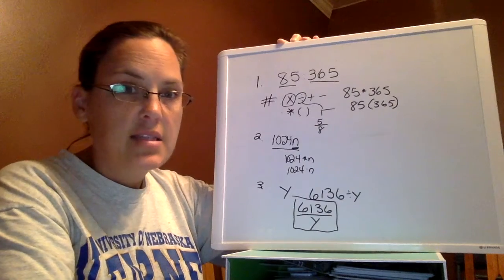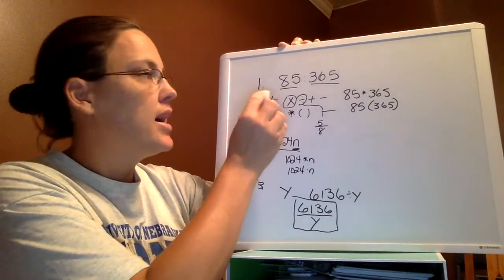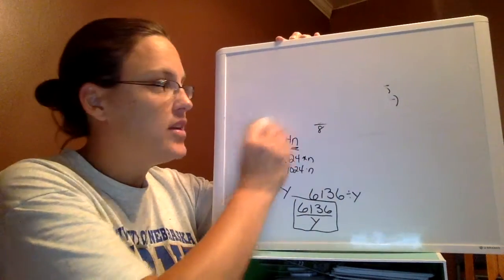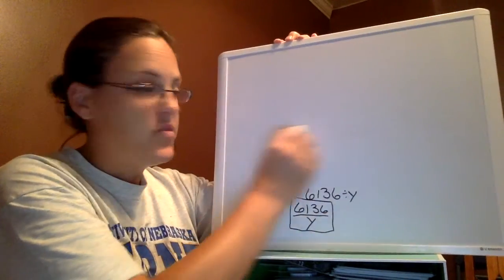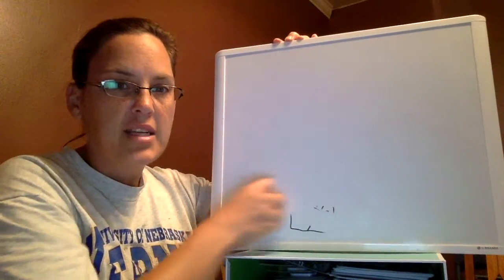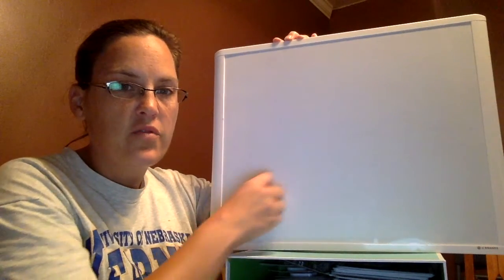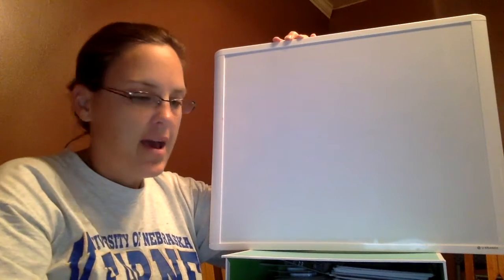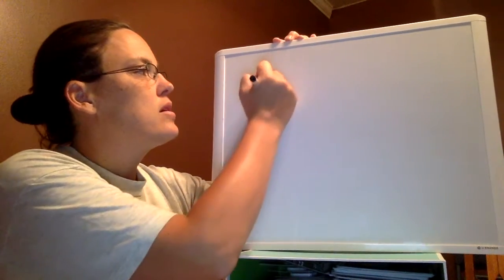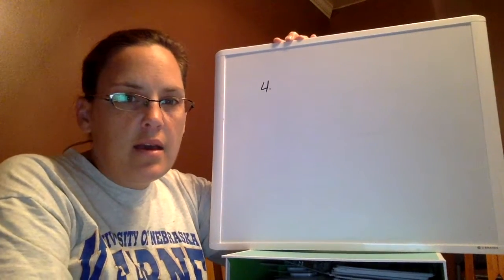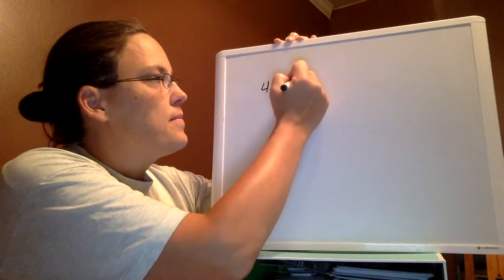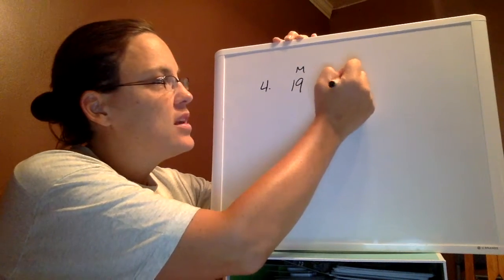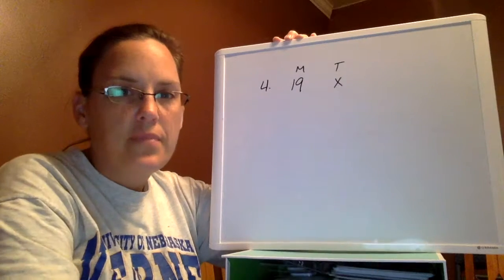So tides. The difference between the high and low tides along the Maine coast in November is 19 feet on Monday and X feet on Tuesday. Write an expression to show the average rise and fall of the tide for Monday and Tuesday. So we have 19 feet on Monday, and X feet on Tuesday.